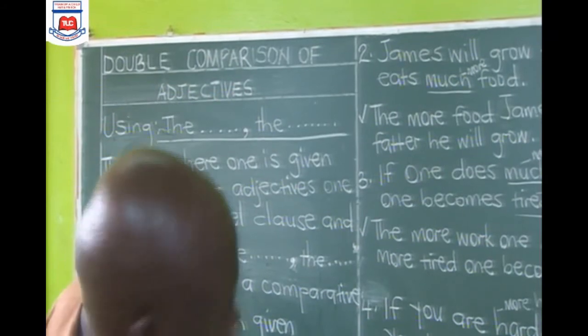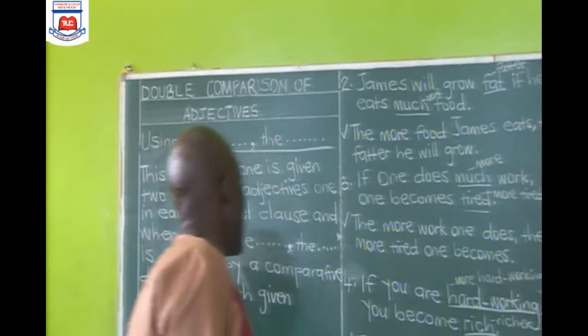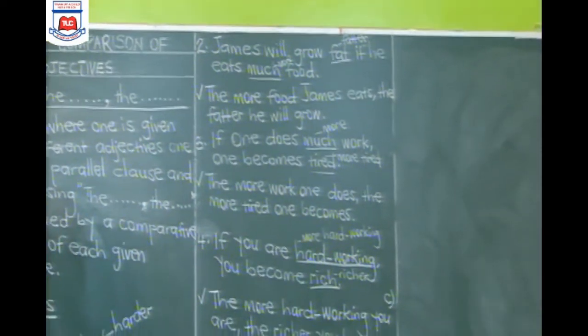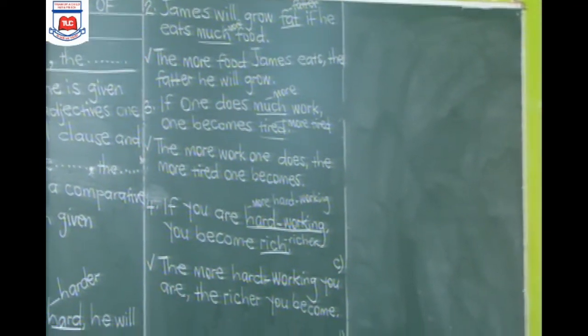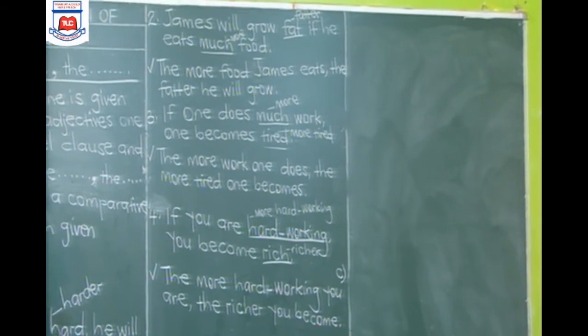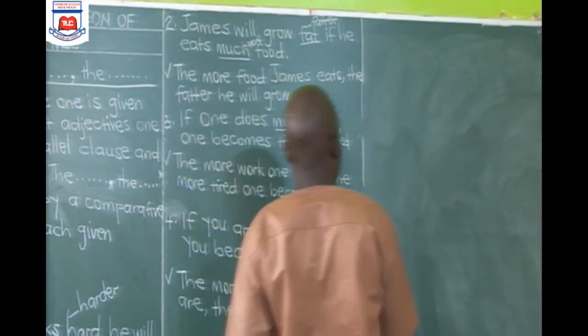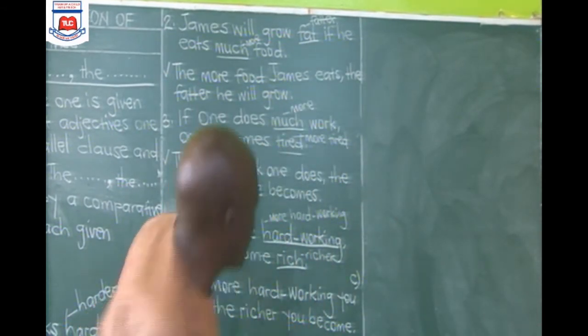The moment you are given two sentences, you must be able to identify the adjective in each sentence, and then form its comparative degree. Good. Let's look at example 5.